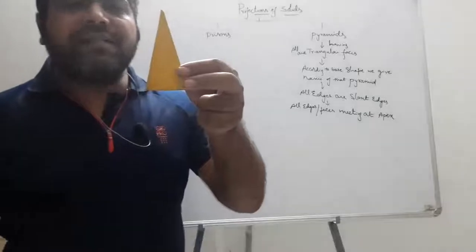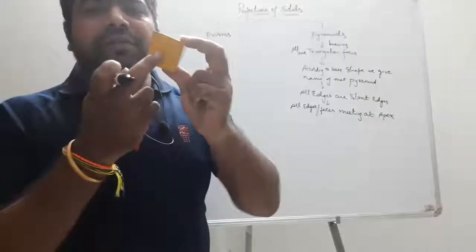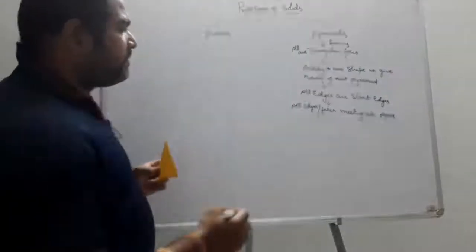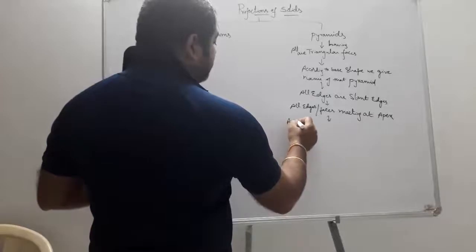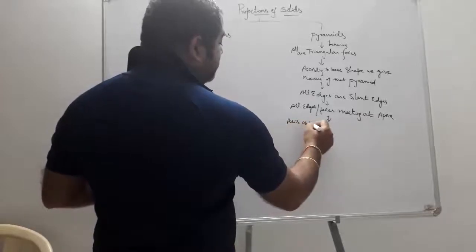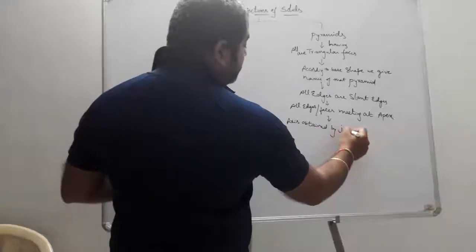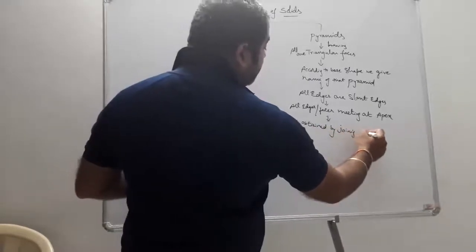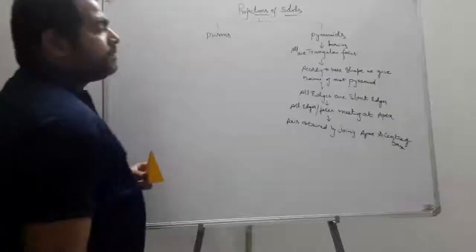So the axis is obtained by joining the apex and the center of the base.